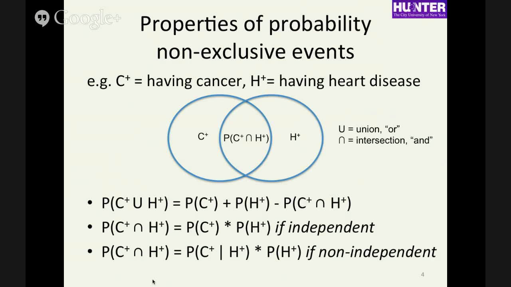That's because they're not exclusive. So if you add together your probability of having cancer plus your probability of having heart disease, then your probability of having both is somewhat less than just the sum of those two.